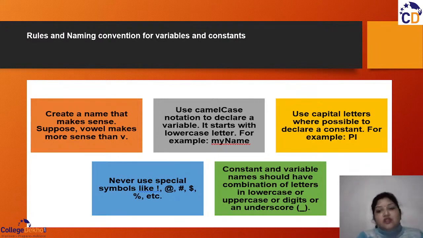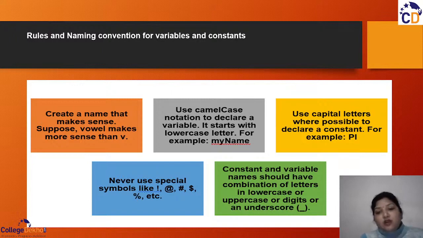You may use a const keyword also, but to differentiate between constant and variable, you can use capital letters for the constant. Never use special symbols. You can use underscore. Underscore is allowed and the compiler is not going to give you any error. But never use special symbols like exclamation, at the rate, hash, dollar, percentage, ampersand, or any other symbol. They are not allowed.